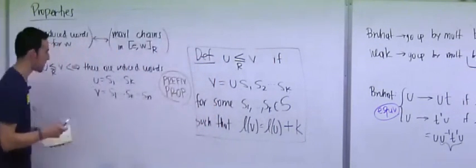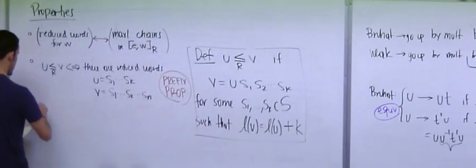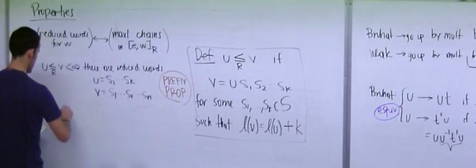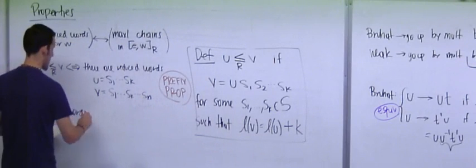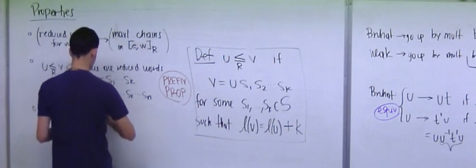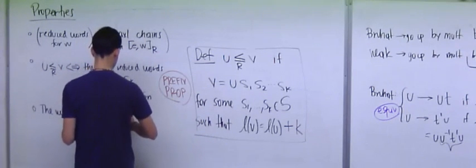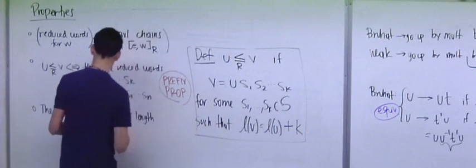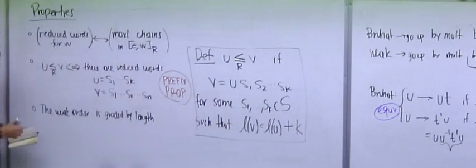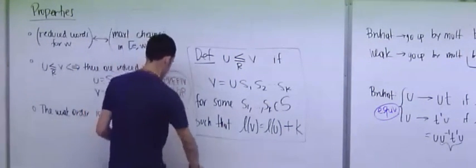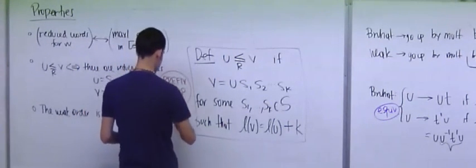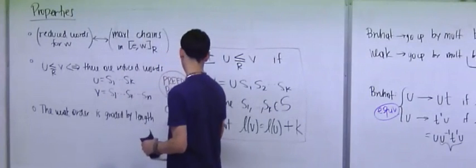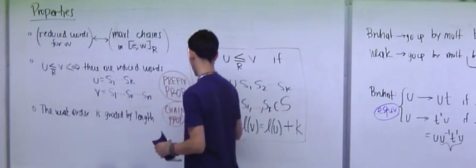So really there's nothing to prove here. So the weak order is also graded by length. And so this is the chain property. We get it for free.